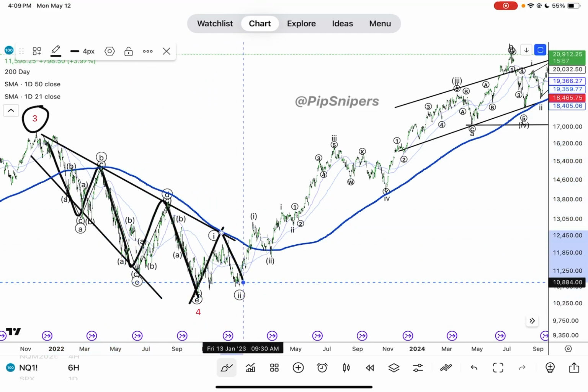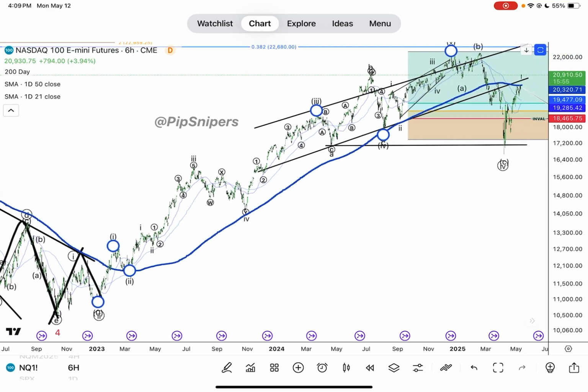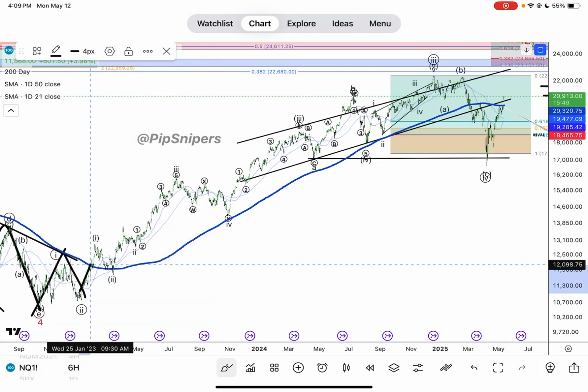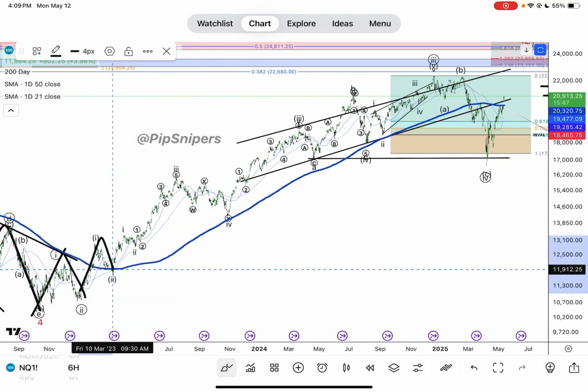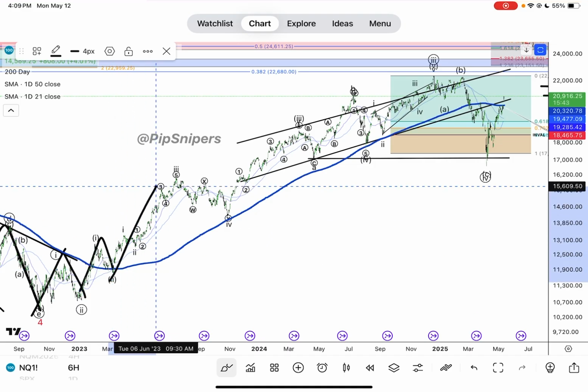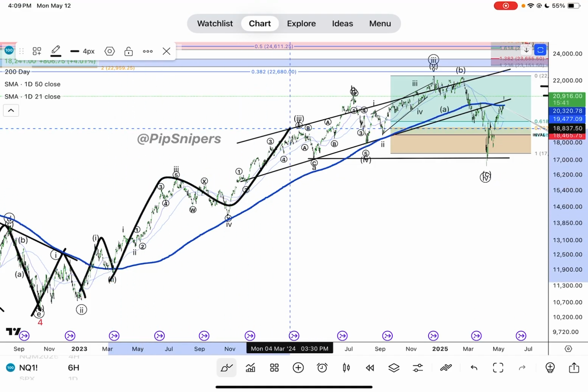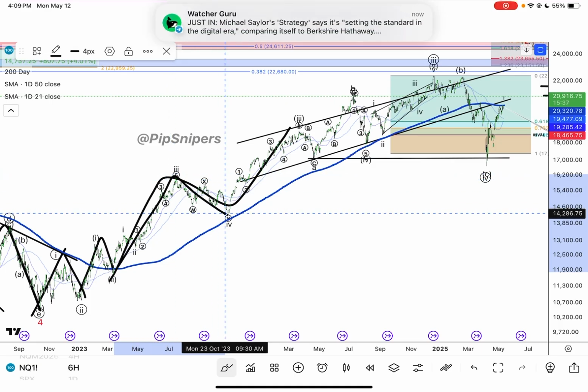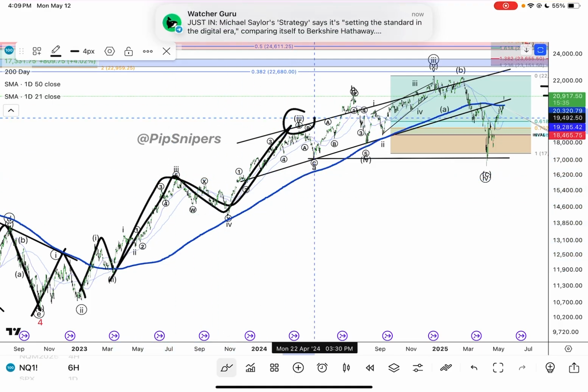Wave 1, wave 2. And I think that we were in our wave 3 this whole time. So your wave 1, your wave 2 of 3, your wave 3 of 3, 4 of 3, and 5 of 3.